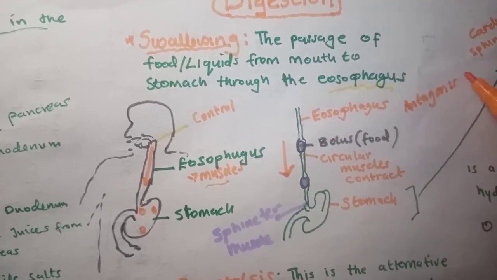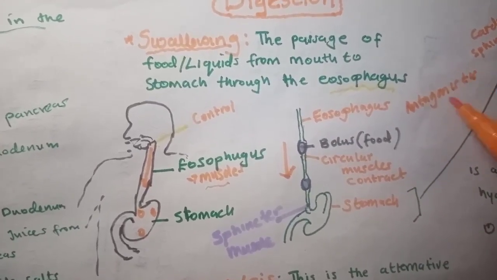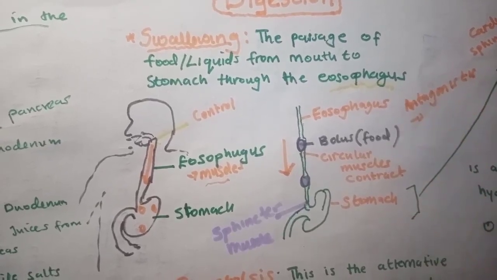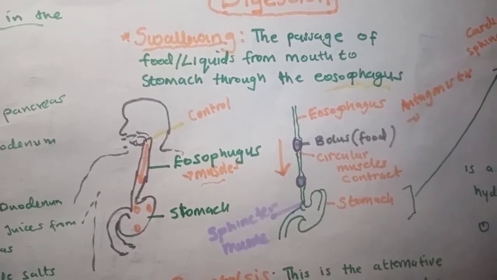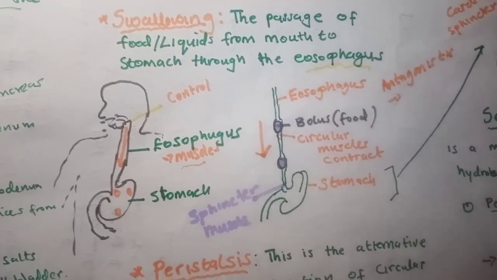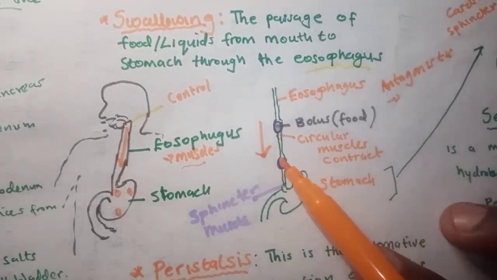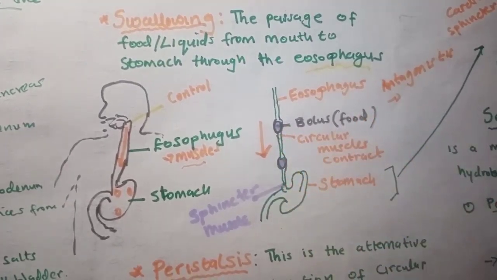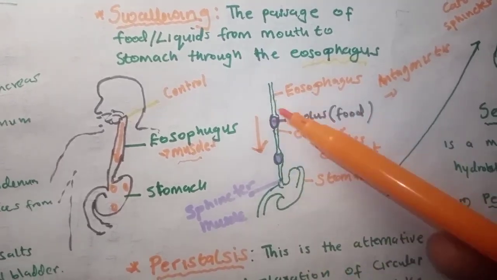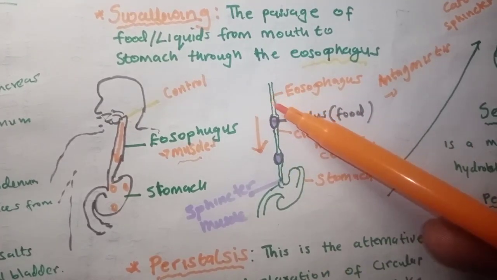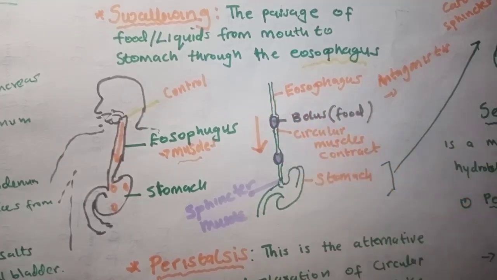These muscles are antagonistic to each other. This simply means that when one contracts, the other one will definitely relax. So the food comes down like this, and the whole process is called peristalsis.